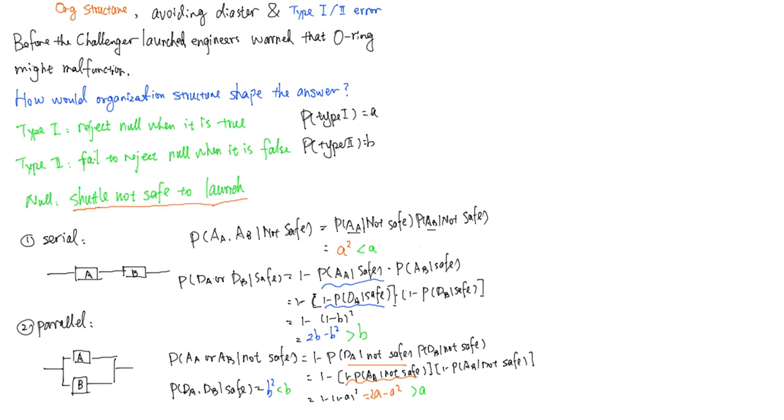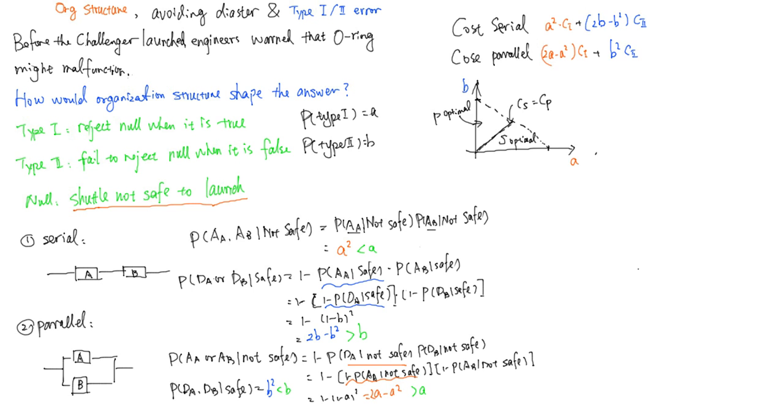So let's do the easiest example where the cost of type 1 and type 2 error are the same. So we can write the expected cost as the probability of committing the type 1 error times the cost of type 1 error plus the probability of the type 2 error times the cost of type 2 error.